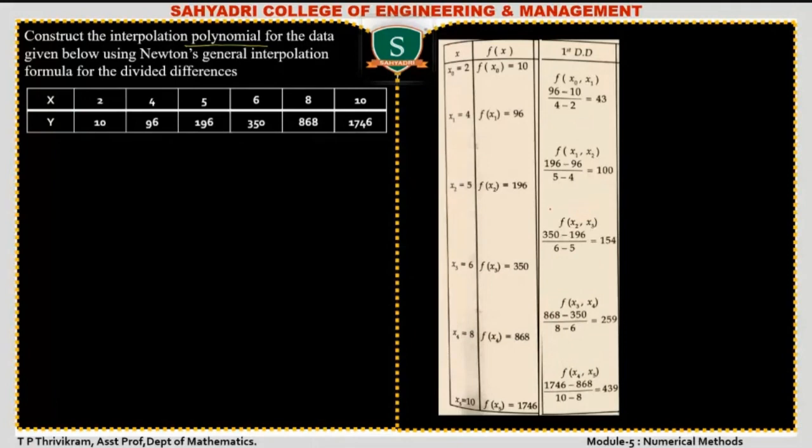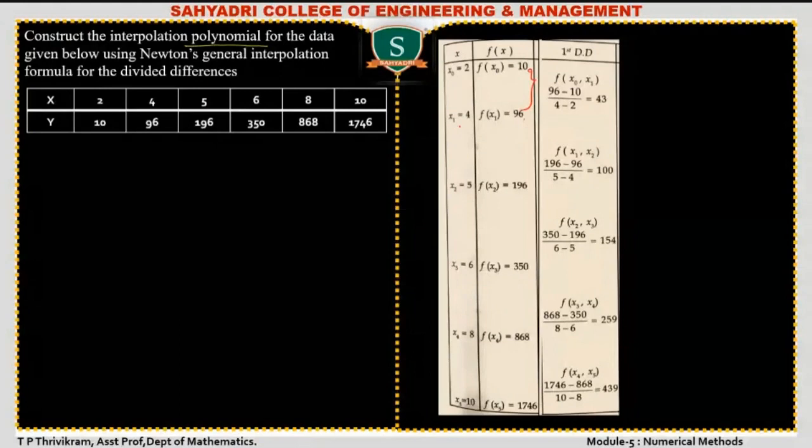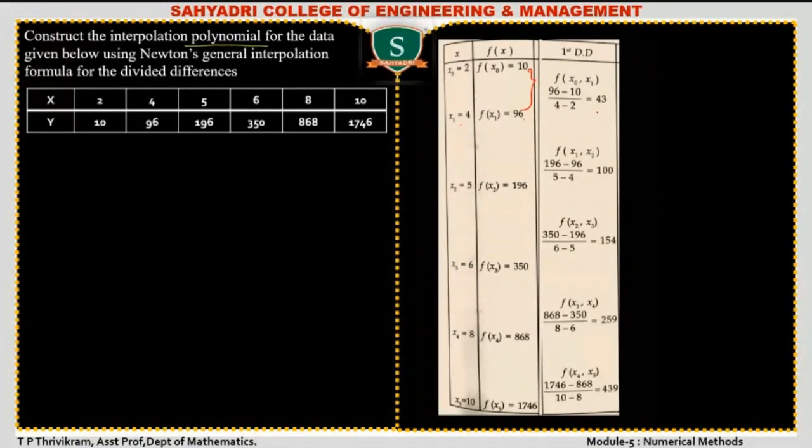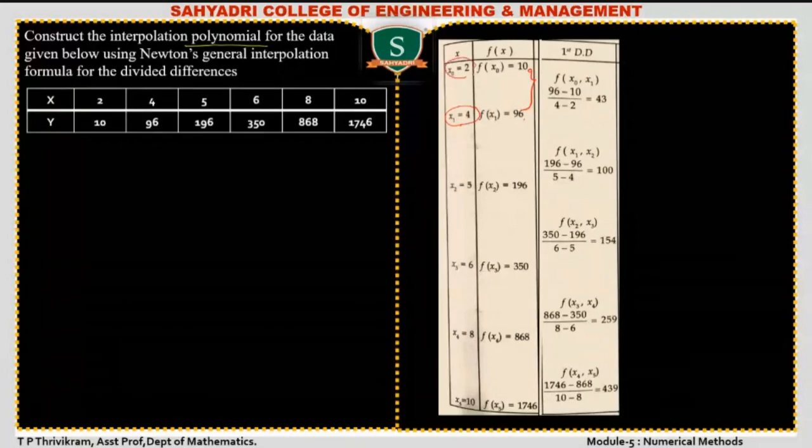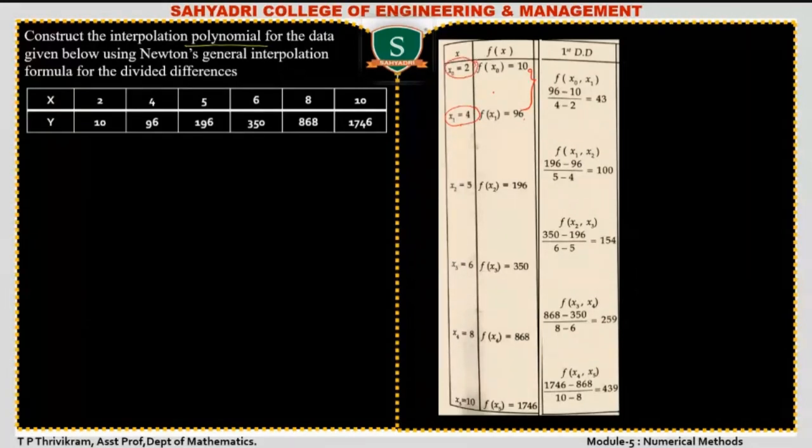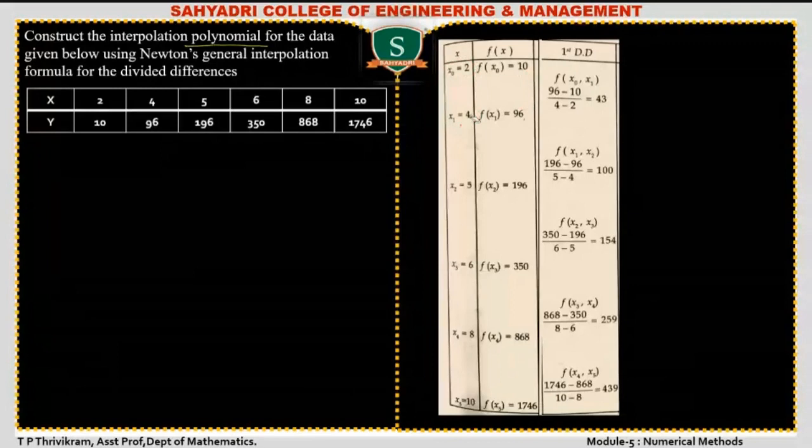If you take the first two elements, previously we used to subtract only the second value minus the first value. But now, along with this, it is the second value minus the first value divided by the second x value minus the first x value. So 96 minus 10 divided by the corresponding x difference, 4 minus 2, gives 43.